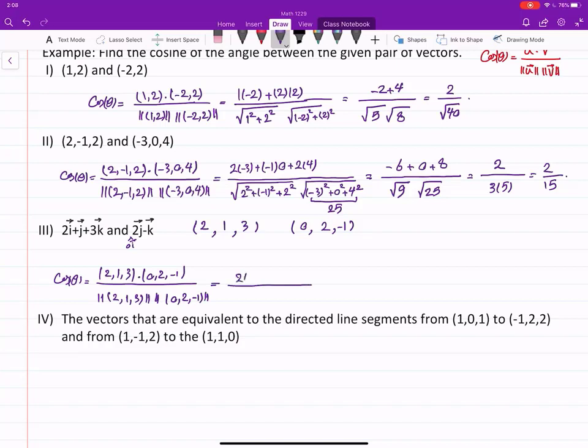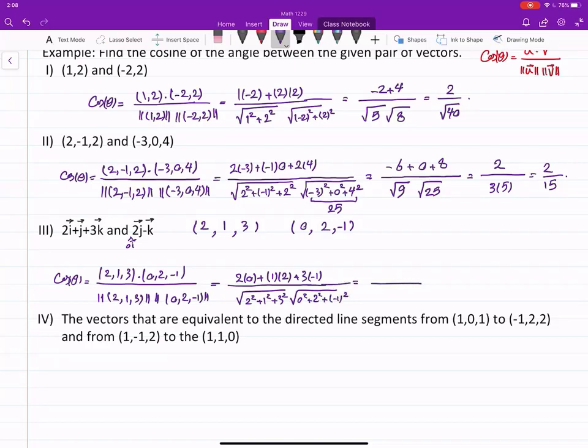And this is 2 times 0 plus 1 times 2 plus 3 times -1. Downstairs we have 2 squared plus 1 squared plus 3 squared, and 0 squared plus 2 squared plus (-1) squared.